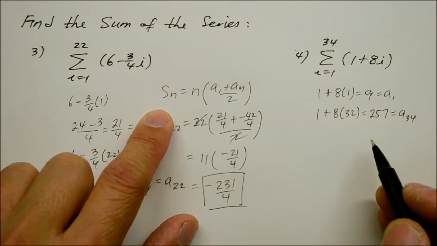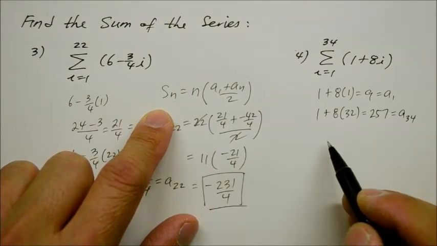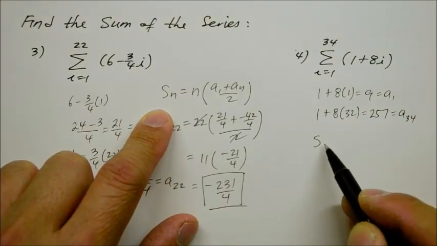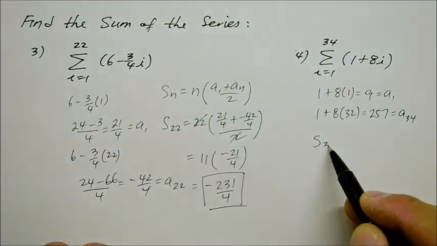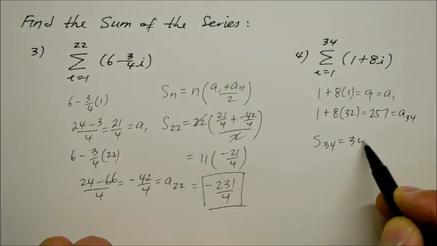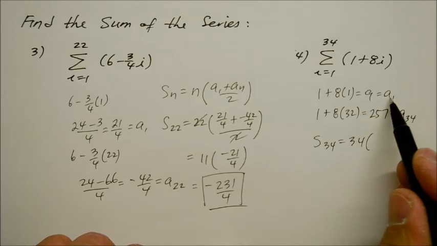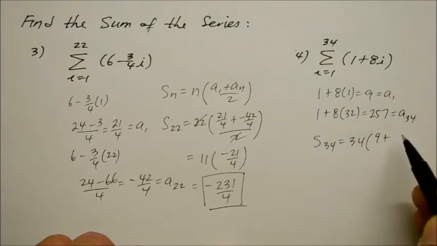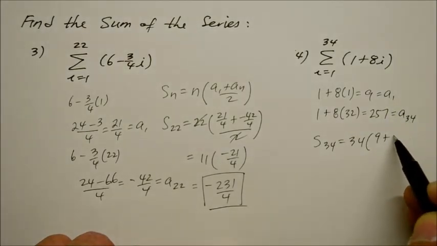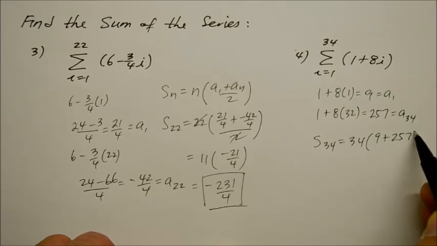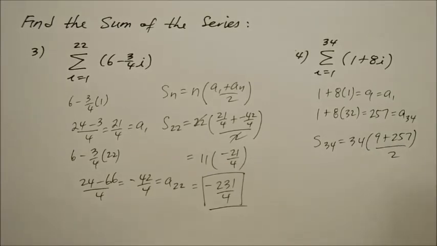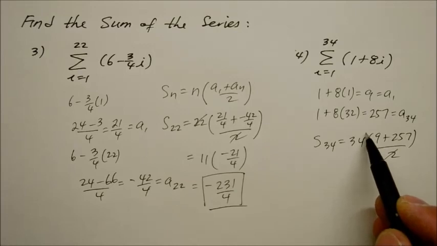So we're going to use the finite arithmetic series rule. So we go S of the last upper limit, 34, is equal to 34 times the initial a sub 1, which is 9, plus the last of the series, which is 257, divided by 2. And again, the denominator 2 reduces the coefficient 34.